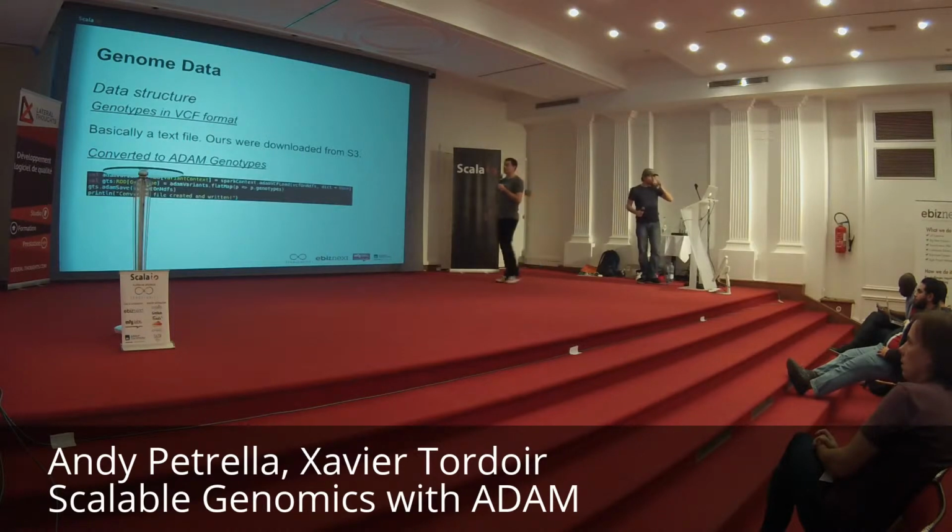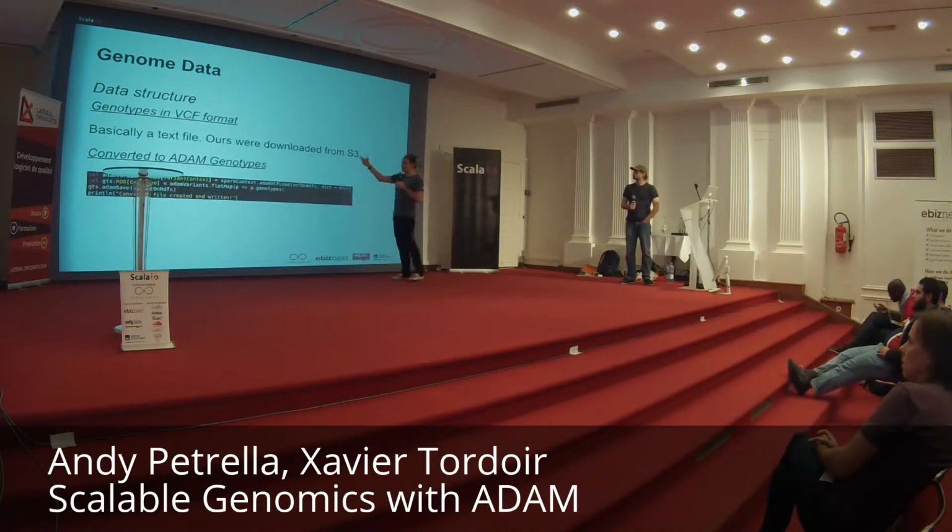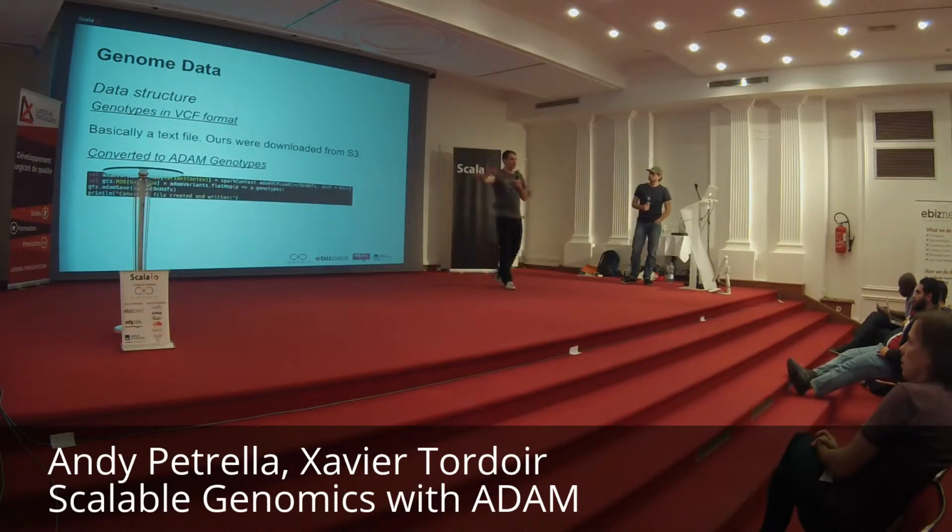So the data structure. As Andy said, we start from the 1000 Genomes data, which is obviously stored in the specification format, which is VCF. It's a text file where you have many lines, and each line contains a number of genotypes. It's converted into AMPLab genotypes with this instruction.